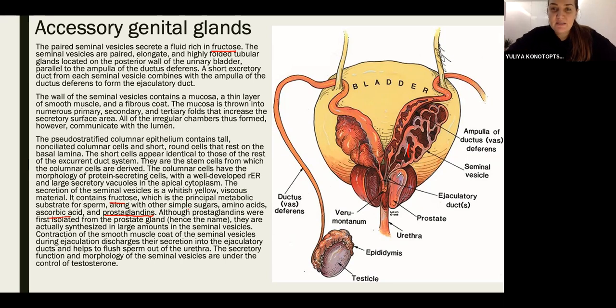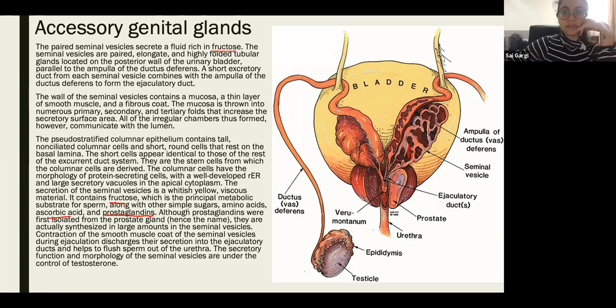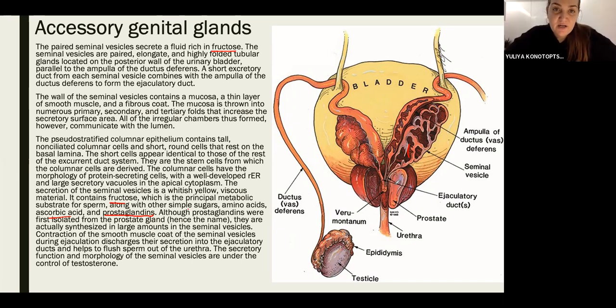One of the prostaglandins that is being made here is needed for smooth muscle contraction. So could you tell me how is this beneficial to have prostaglandins? In the vagina. Yes. So the female reproductive tract is basically one huge smooth muscle. Vagina is a smooth muscle tube. Uterus is a smooth muscle tube, and fallopian tube is also a smooth muscle tube.